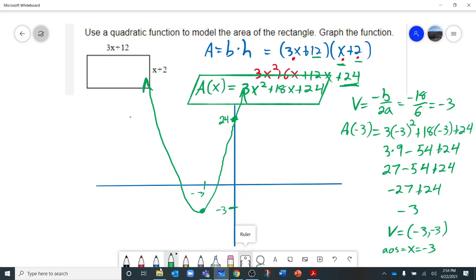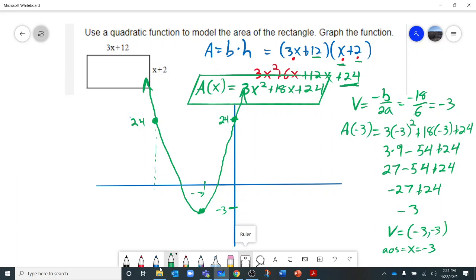Somewhere around here, we're going to have 24 again. We could figure out what this is, but it's not really helpful information. Okay, so this is the information that you need.